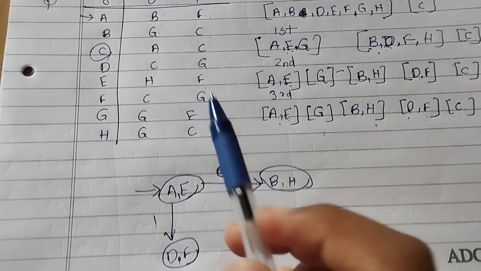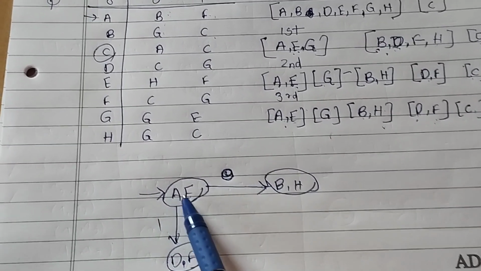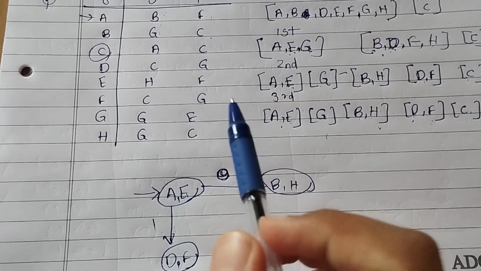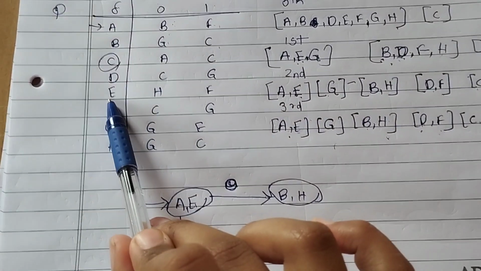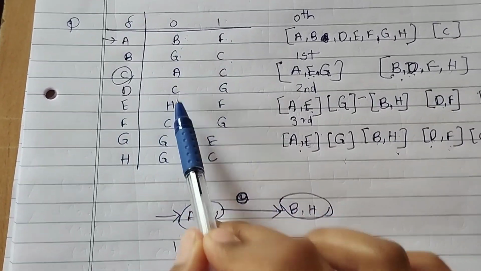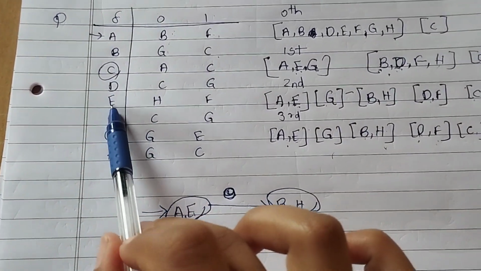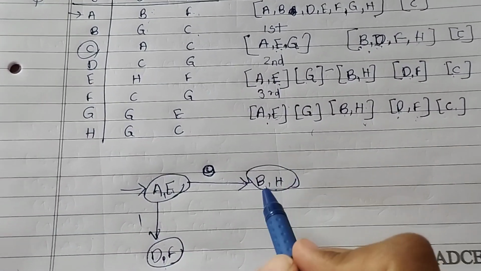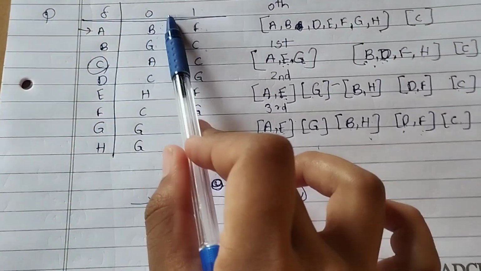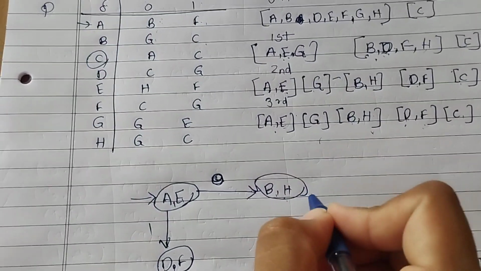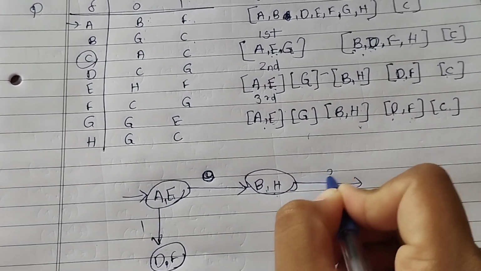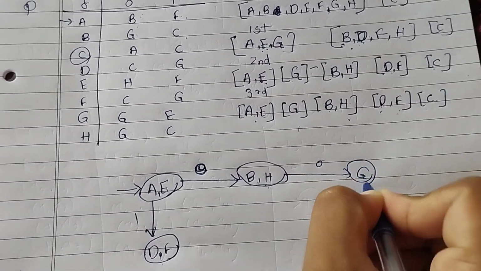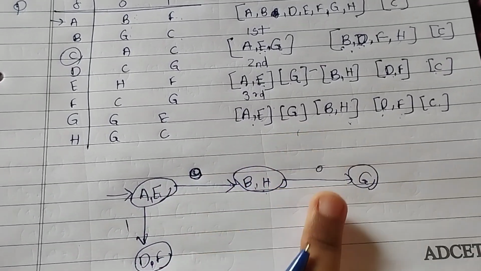Now we complete this AE, and if we check this E also, then again we get the same. See, E reads 0 in H and H is present here. E reads 1 in F, F is also present here. Now BH. B reads 0 in G. G is the single state.